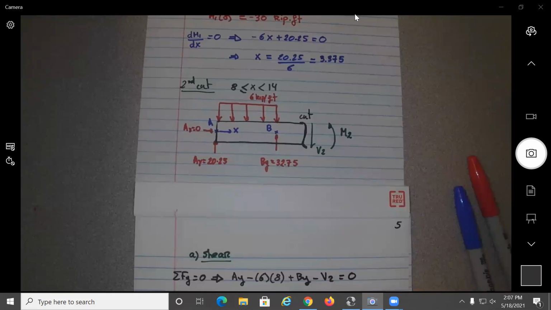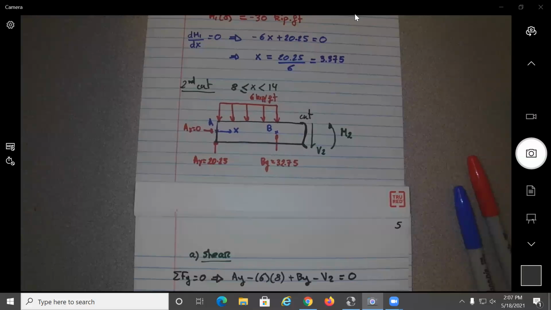So this will give us what? V2 equal to AY, which is 20.25, minus 48, plus 32.75. So this gives you that V2 is equal to what?